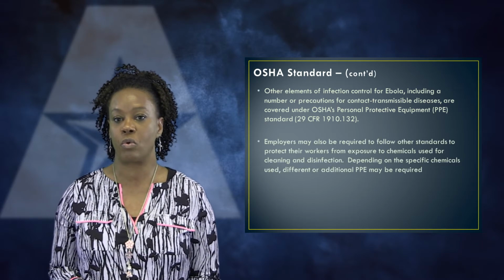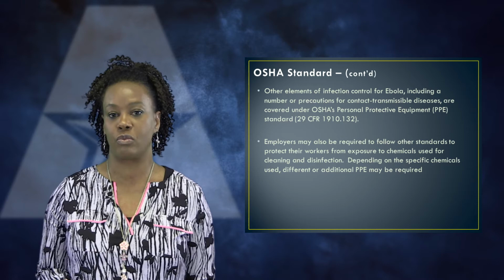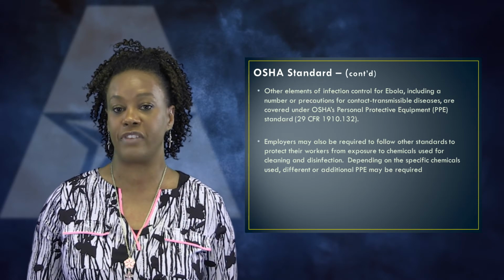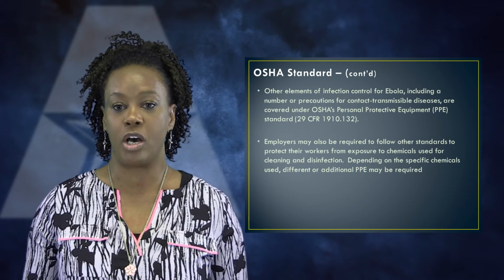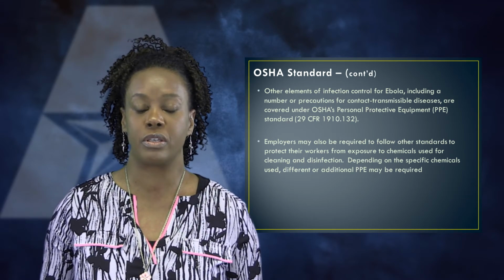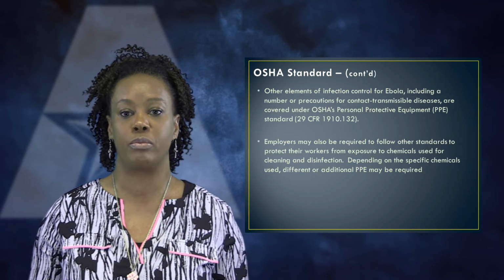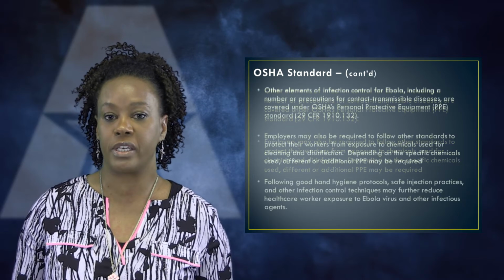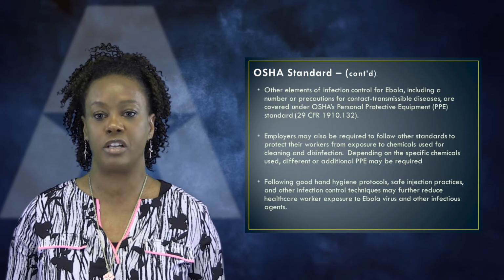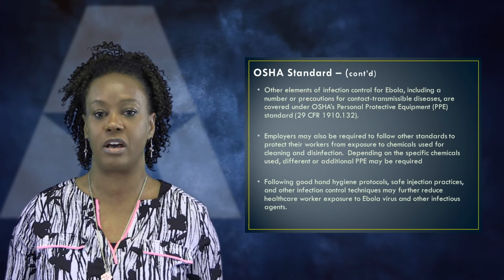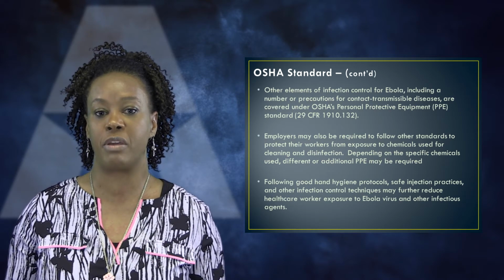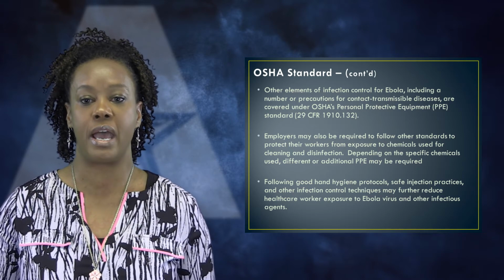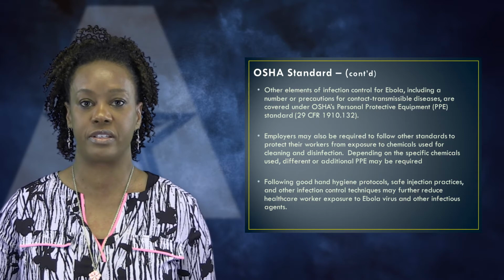Employers may also be required to follow other standards to protect their workers from exposure to chemicals used for cleaning and disinfecting, and depending on the specific chemicals used, different or additional PPE may be required. Following good hand hygiene protocols, safe injecting practices, and other infection control techniques may further reduce healthcare workers' exposure to the Ebola virus and other infectious agents.